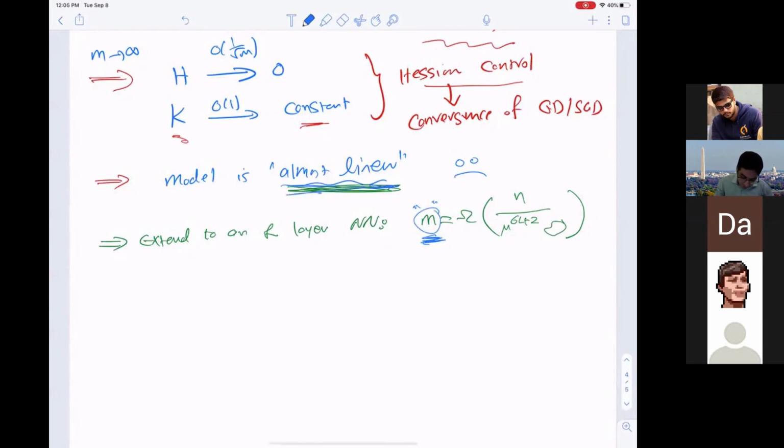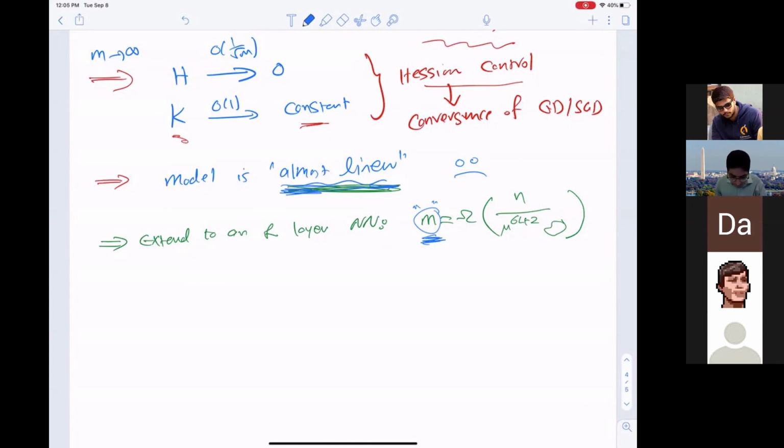As I mentioned, the gist of the argument is that in the limit we are approaching a linear model, and because we know the convergence for linear models, we can prove some sort of convergence of non-convex optimization of deep learning in the over-parameterized setup.